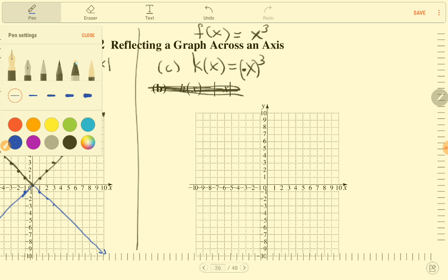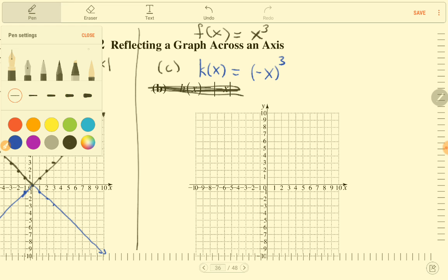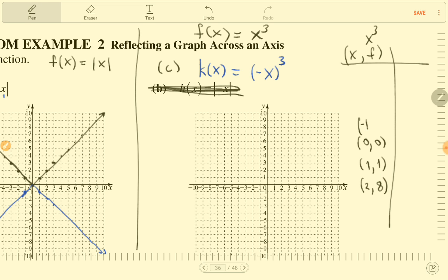Let's make the transformation in blue just to help keep these things separate. So K of X is, so the original x and f, where f is x cubed, you would have had 0, 0 cubed is 0, 1, 1 to the third power is 1, 2, 2 to the third power is 8, and then we have negative 1.